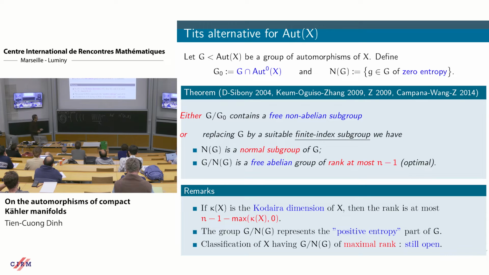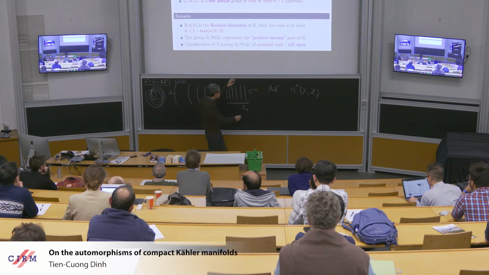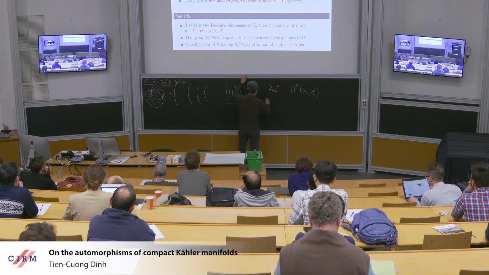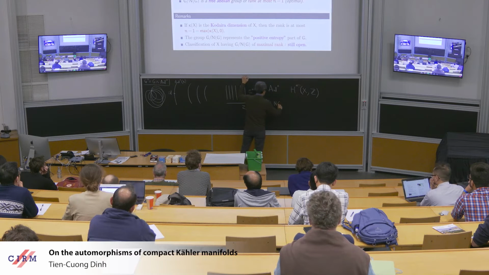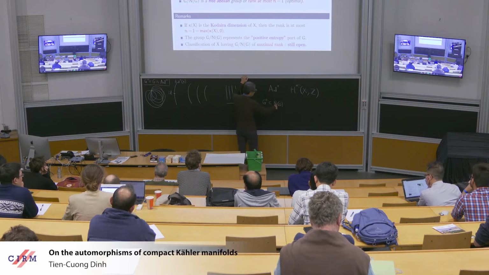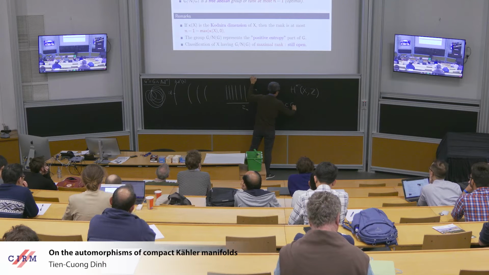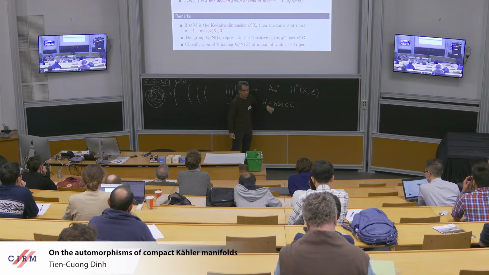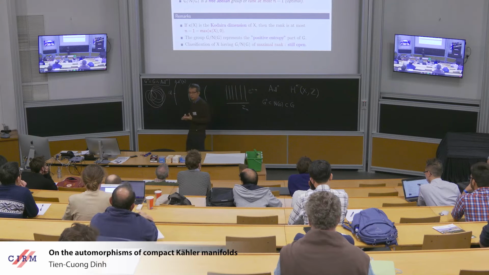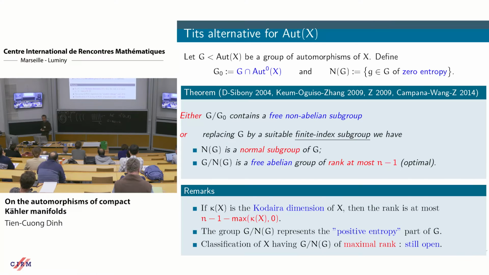So in the second situation, you have G0, of 0 entropy, is contained in NG, the subgroup of all elements of 0 entropy, and is contained in G. And then the quotient is a free abelian group of rank at most n-1, which is optimal. You cannot do better.